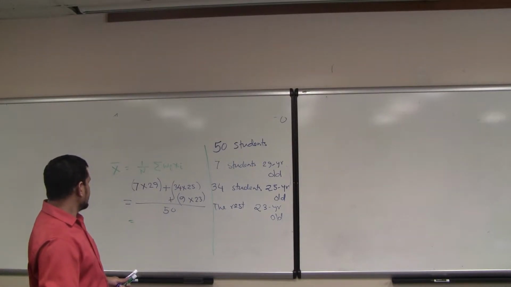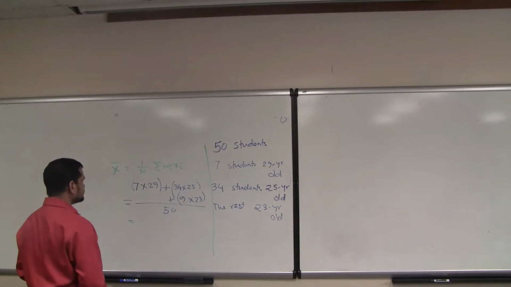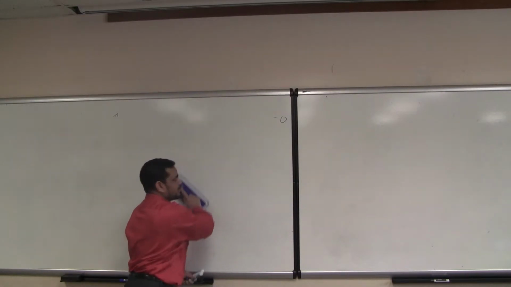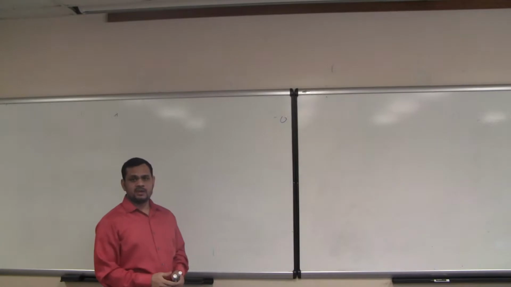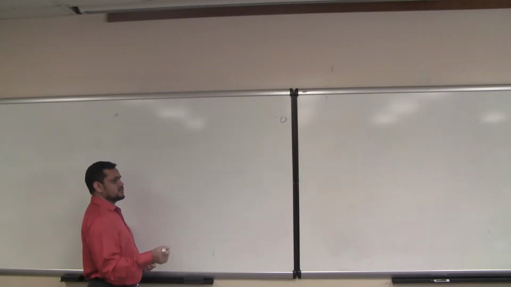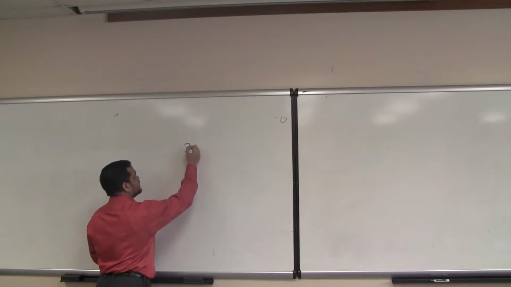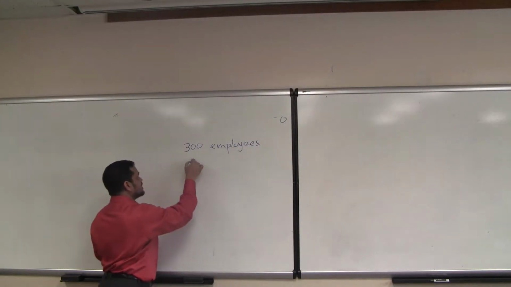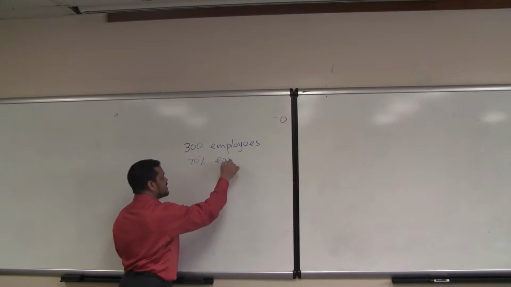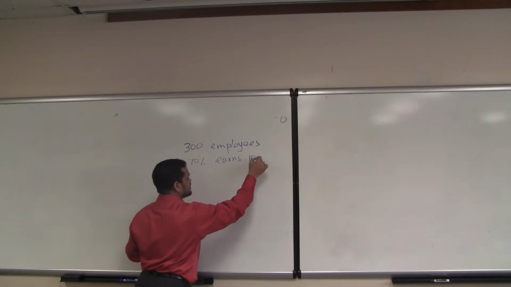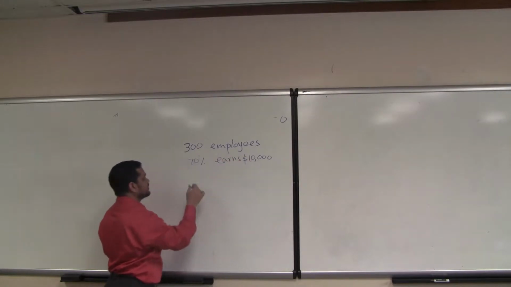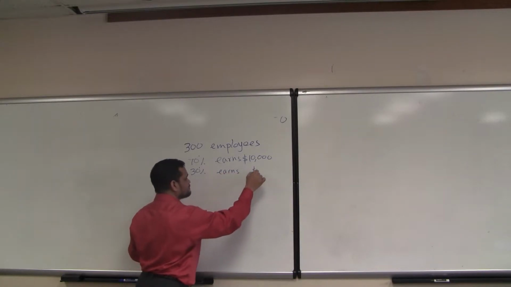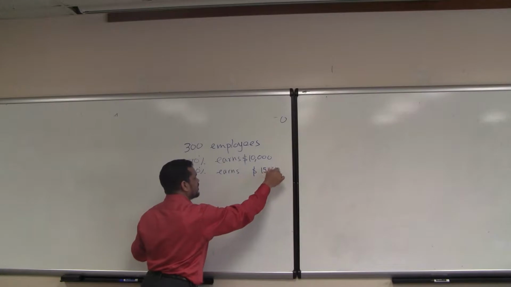Now another kind of weighted mean. Say in a company there are 300 employees. 70% of them earn $10,000, and the rest, 30%, earn $15,000 per month.